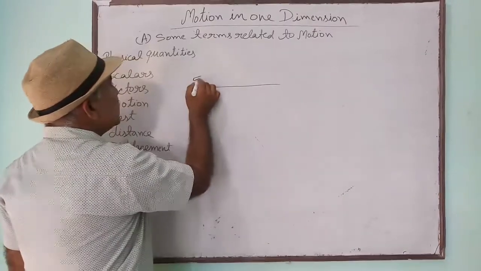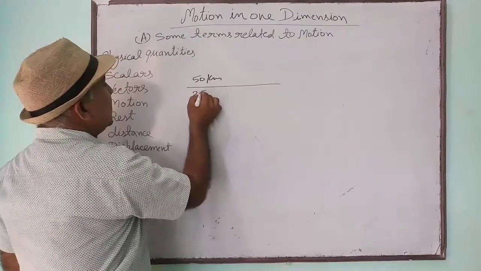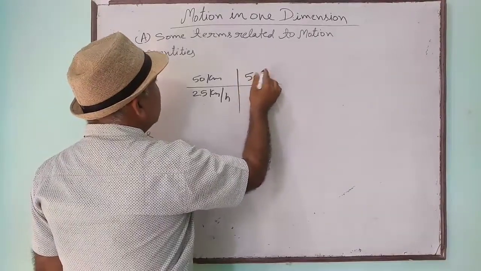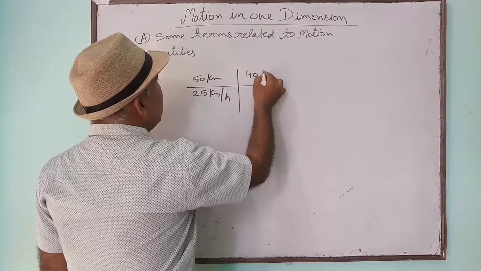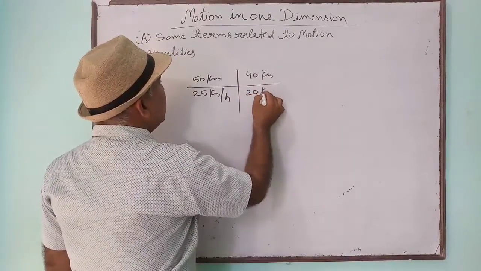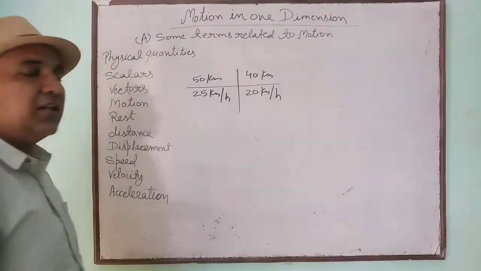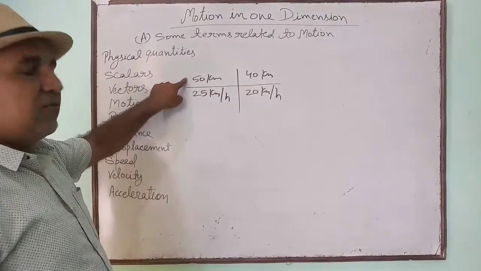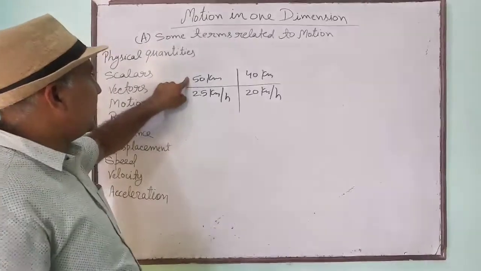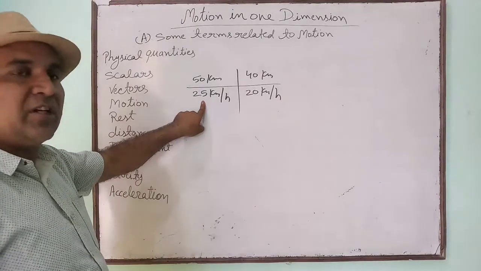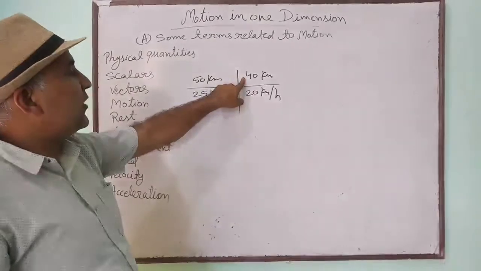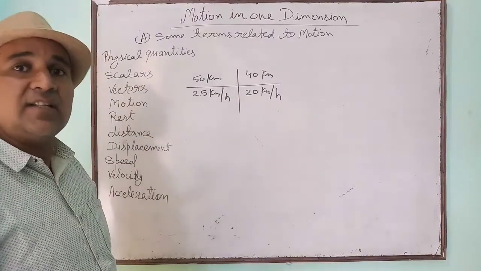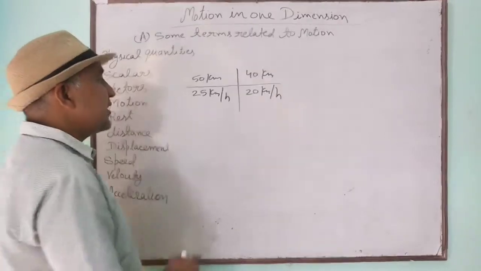Suppose one vehicle is covering 50 km with the speed of 25 km per hour, and then the next 40 km with the uniform speed of 20 km per hour, then how to find the average speed?